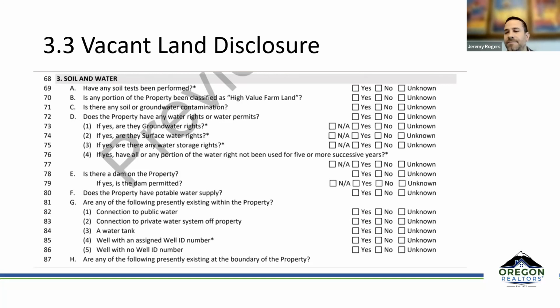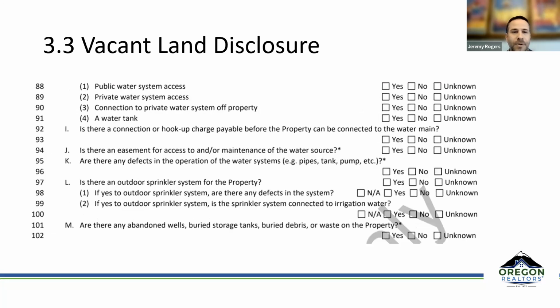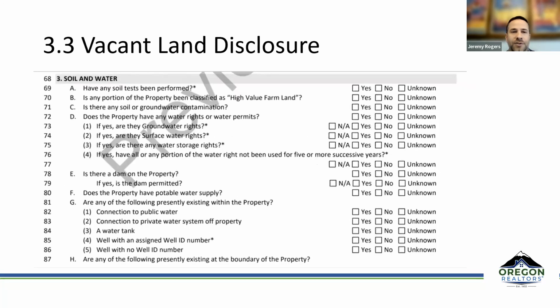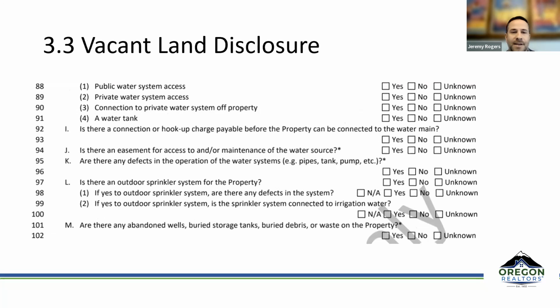So I actually have a slide later in the presentation where we'll talk about that issue. This is more on the soil and water here. Okay, we've asked about sprinkler systems, easements to maintain a water source, any abandoned wells, storage tanks, debris or waste.